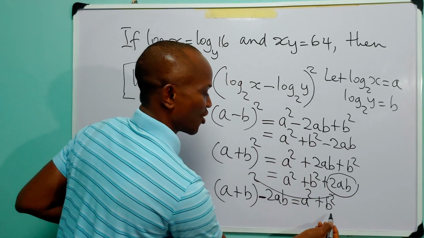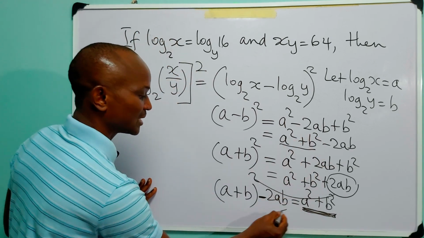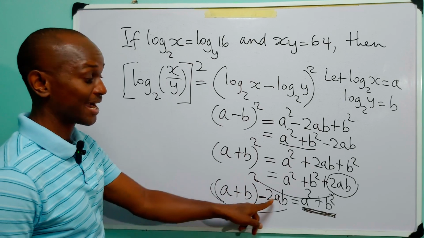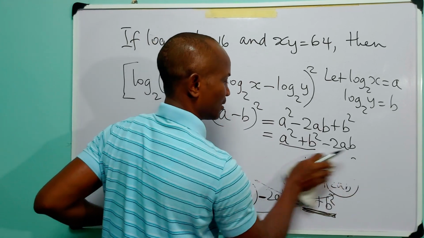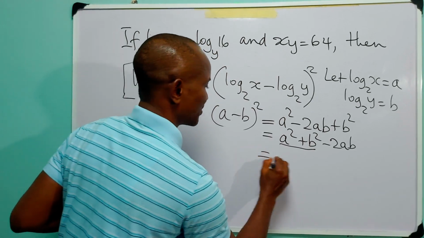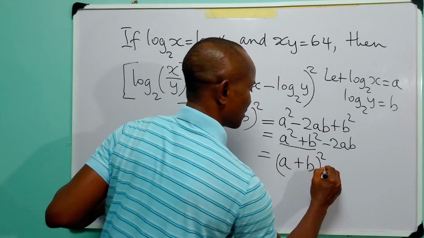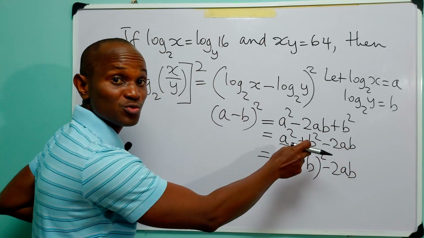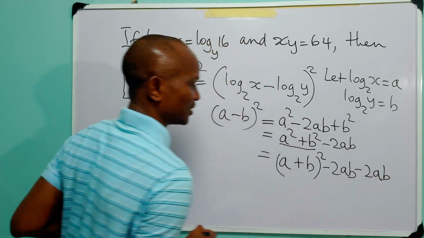Now let us replace a squared plus b squared with this statement. That is (a plus b) squared minus 2ab in the first expansion. So what we have here is (a plus b) squared minus 2ab, and then we bring down the 2ab that we already have, that is minus 2ab.